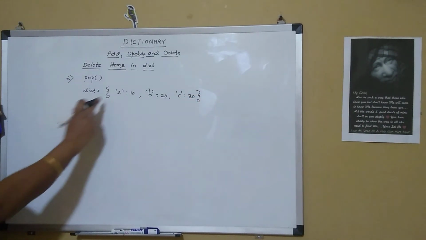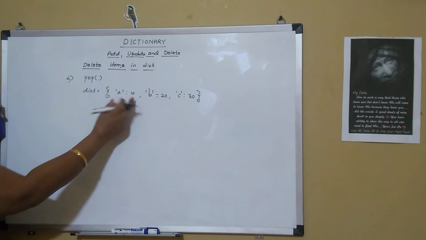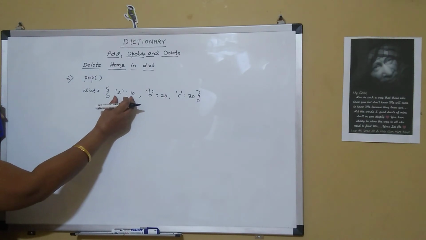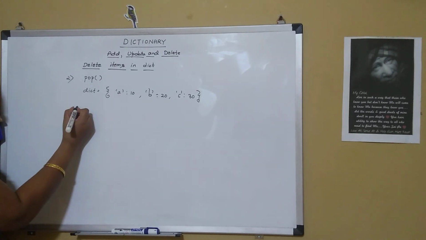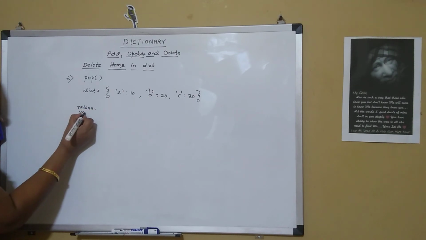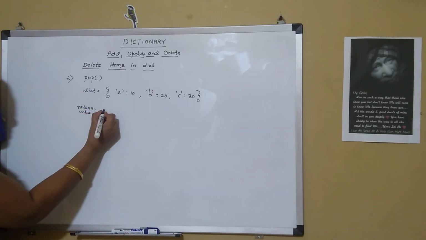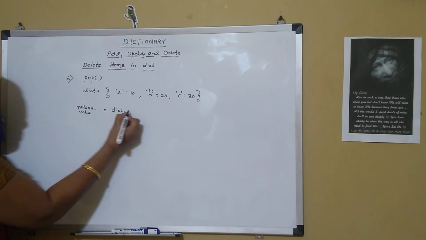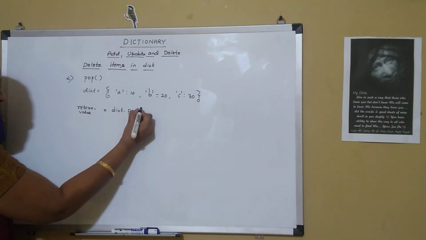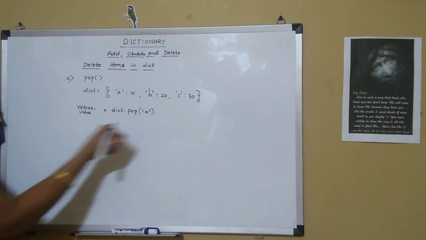I want to remove the item A: 10 from the dictionary, and I say return_value equal to dict.pop and I specify A.